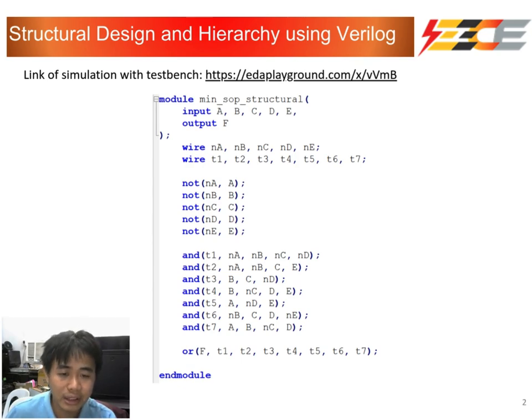Each NOT gate generates the inverted signals NA to NE, and each AND gate T1 to T7 represents one product term from the simplified SOP expression. All these terms are combined using an OR gate to produce the final output F, and this approach closely mimics how logic circuits would be built using actual hardware components.